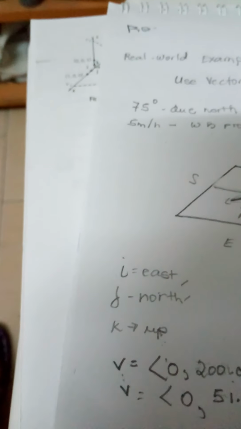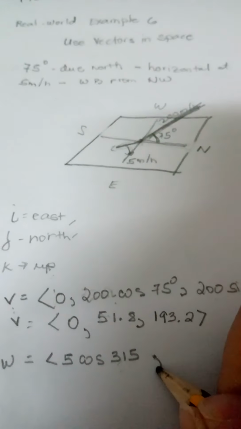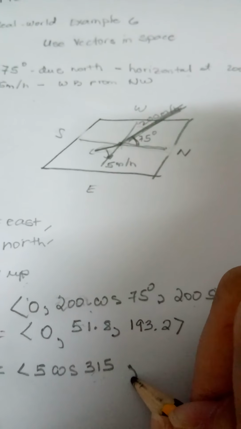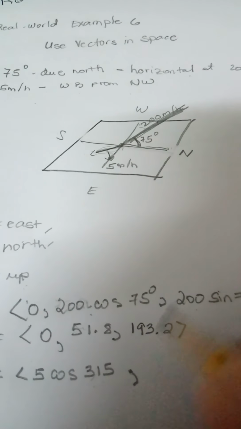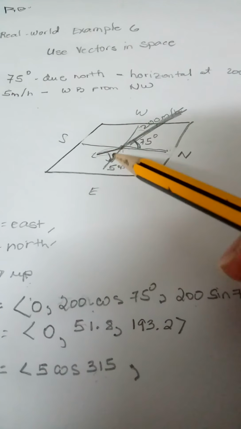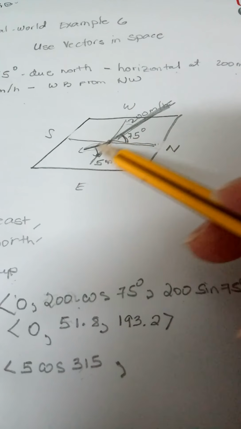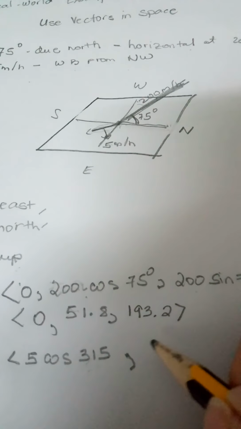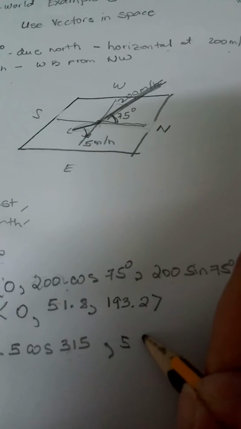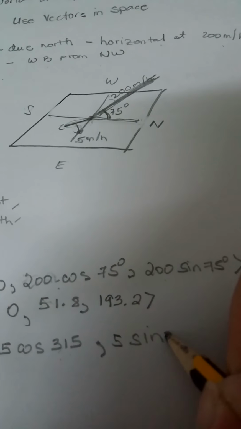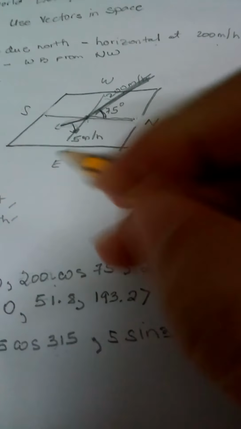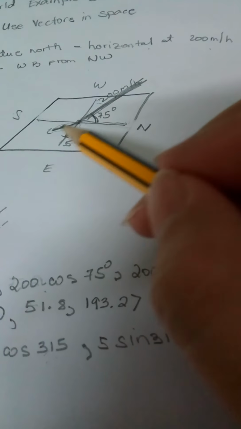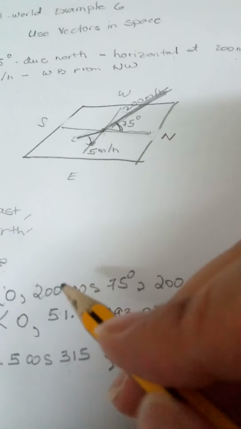Then, comma, do you have north? Of course, yes, there's a north here because wind blows in the opposite direction. So this is 5 sine 315, comma. Now, there's no up and down here, so there is no k.